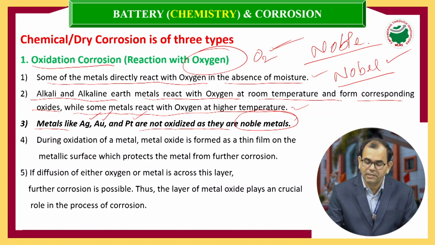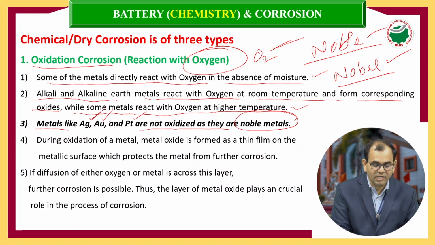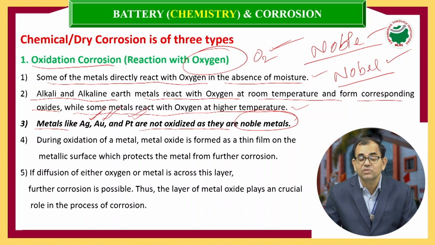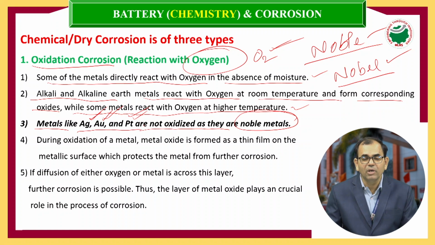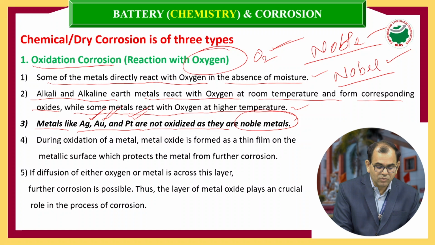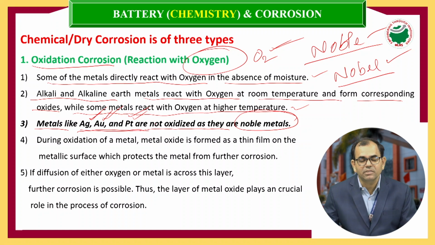Similarly here, silver, gold, platinum are called noble metals. These noble metals are inert, they never undergo oxidation.